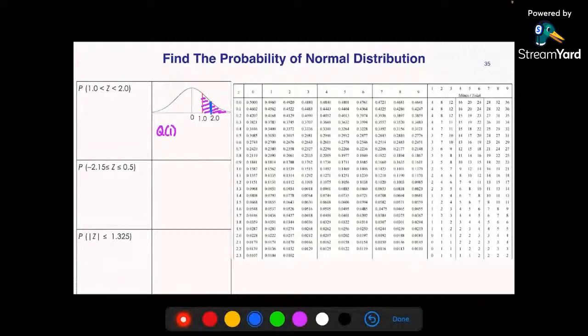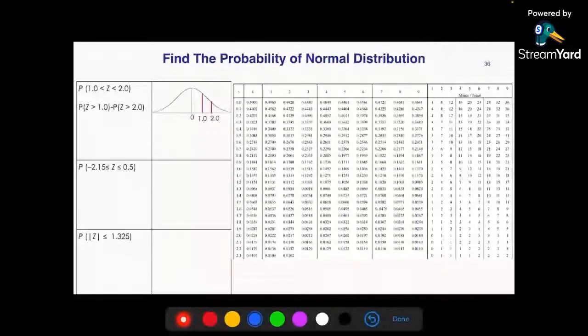So apa yang kita buat adalah kita tulis kat situ lah kan, P(Z greater than 1) tolak dengan P(Z greater than 2), kita boleh tulis dia sebagai yang tadilah teacher tulis tadi kan, Q1 tolak Q2. So you akan dapat, okay, Q1 kat sini. This is Q1 which is 0.1587. And then this one adalah Q2.